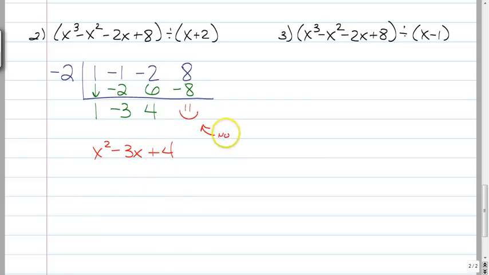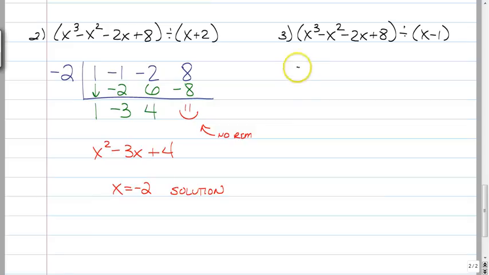If you have no remainder, then that means x equals -2 is a solution to this polynomial. So when we solve for x and you get no remainder, that means your -2 is a solution.